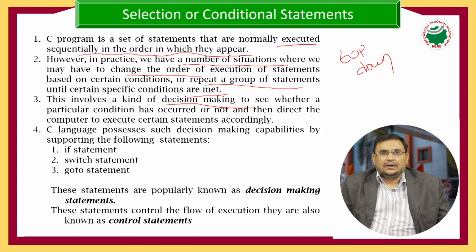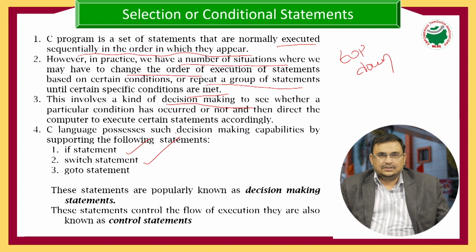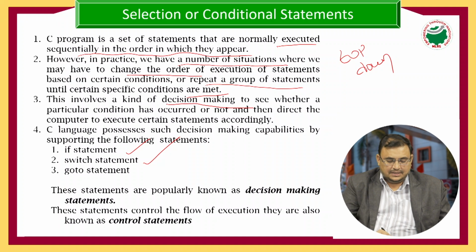To achieve this, C supports three types of statements. They are called control statements, selection statements, or decision making statements. Among them, the first one is the if statement, the second one is the switch statement, which is a multi-selection statement.